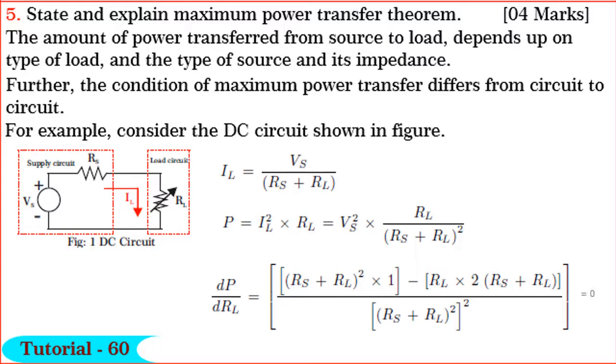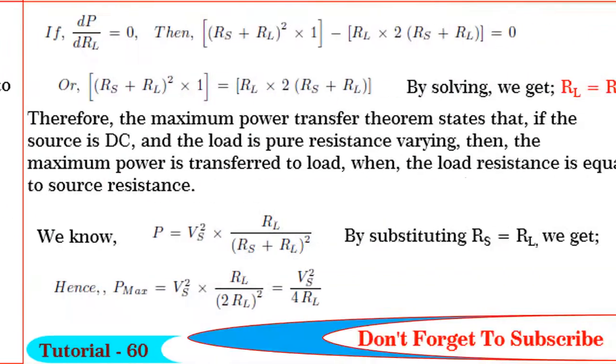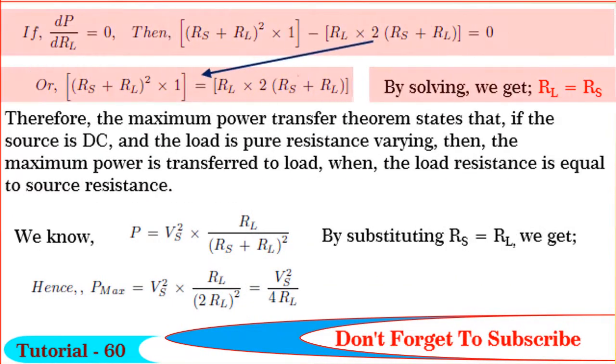Friends, by equating dP by dRL is equal to 0, we get only this numerator part which will be equal to 0. Hence, by equating dP by dRL equal to 0, we get RL is equal to Rs.